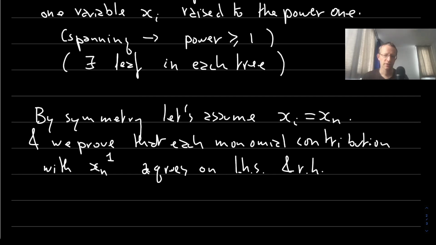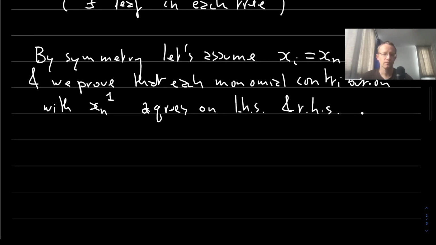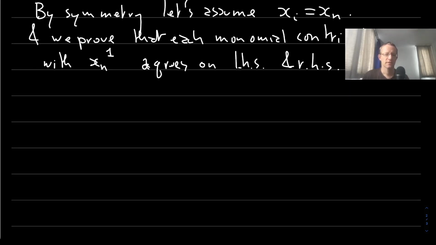And then by symmetry between all the indices, we'll have proven our theorem. So let's see. So let's call this sum over trees of xt, we'll call it Cn of x1 to xn. Great.